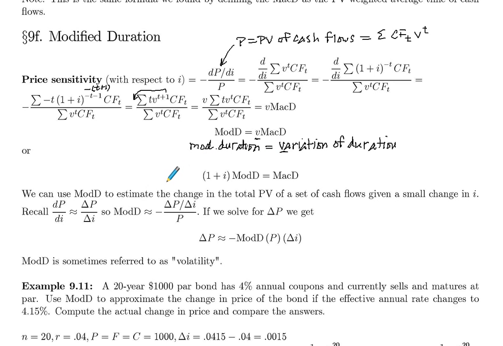Now remember from calculus, when we talked about derivatives, we developed differentials at the same time. And we actually defined differentials and used them to estimate changes. Well, we can do the same thing with modified duration. We can use modified duration to estimate changes in the total present value of the cash flows given small changes in i.